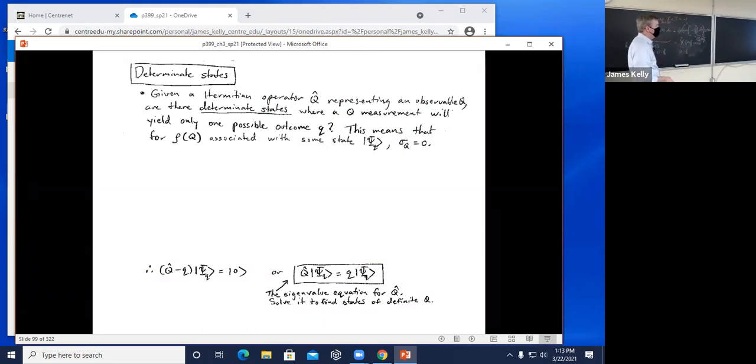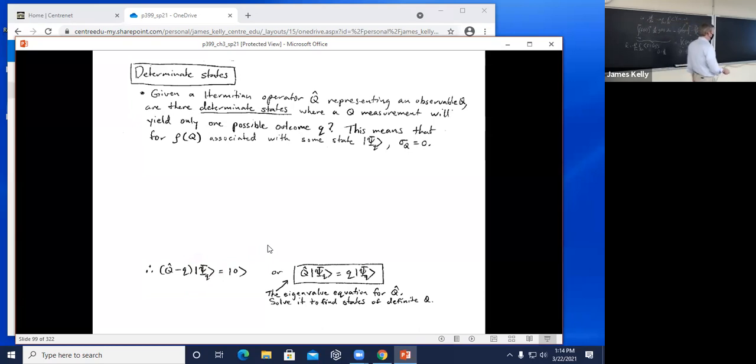If you look at the notes, there's a quick argument here, but I'm not going to go through it on the board, just to not put too many details in here. The upshot is, after a couple of arguments and using the fact that this operator is Hermitian, you get down to this: if there's going to be a definite Q state, then it has to be true that the operator Q minus a particular value of Q, operating on this state psi Q, gives zero.